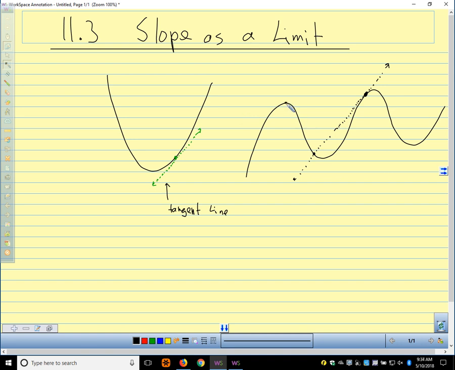Now what would be the slope of the tangent line right there? What's the slope of that line? 0. What's the slope of this tangent line? 0. It turns out, and it makes sense intuitively, that at a minimum or at a maximum, the slope of the tangent line is 0.